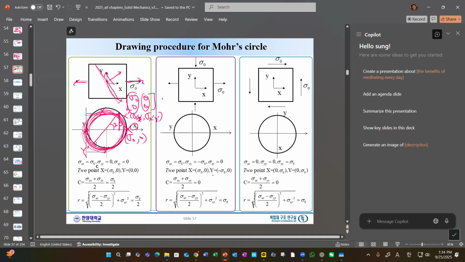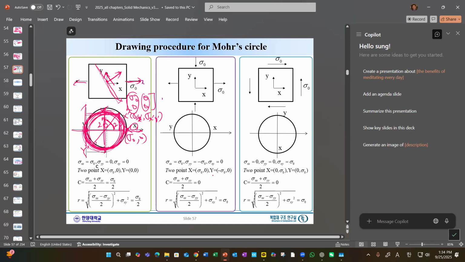This normal stress will be represented by this axis, and this shear stress is represented here. So no matter how much you rotate, this is the maximum possible normal stress. This is the maximum possible shear stress.